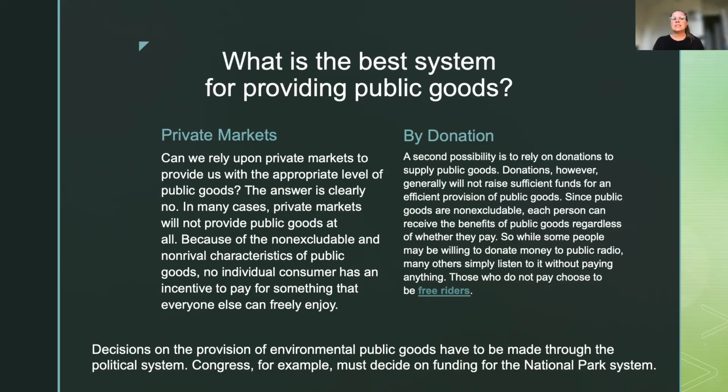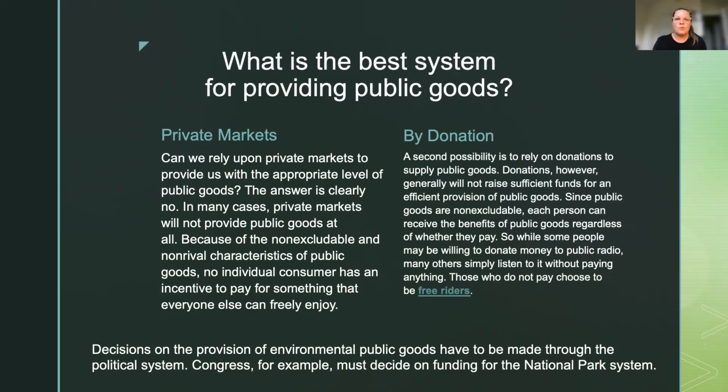So what is the best system for providing these public goods? Well, the question at hand really, just like with common property resources, environmental economists always want to say, how could we use markets to solve this problem? In what ways could a private market deal with the efficient allocation of these things?